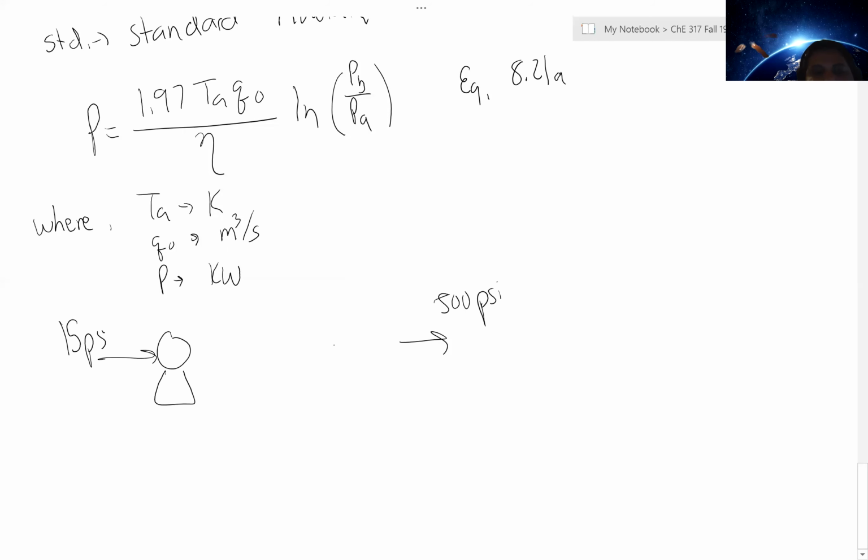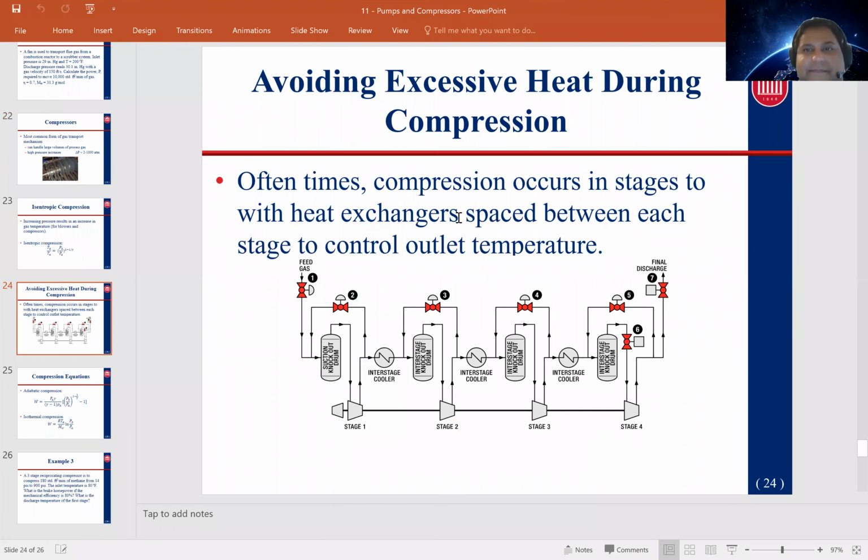And so what typically happens is you have to have a series of compressors that can achieve your desired pressure increase. And what that looks like can be shown on this lecture slide.